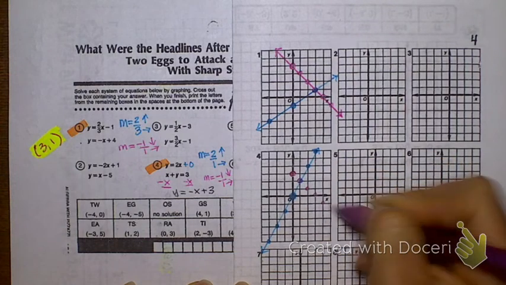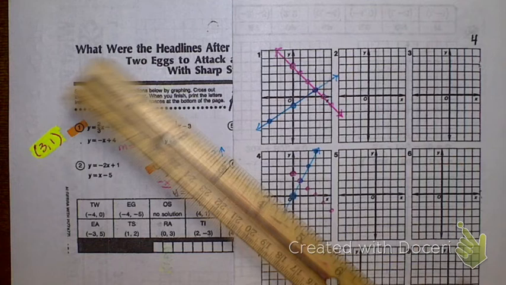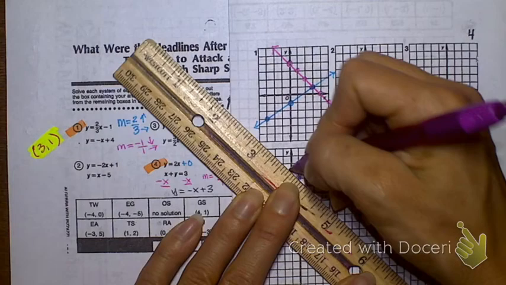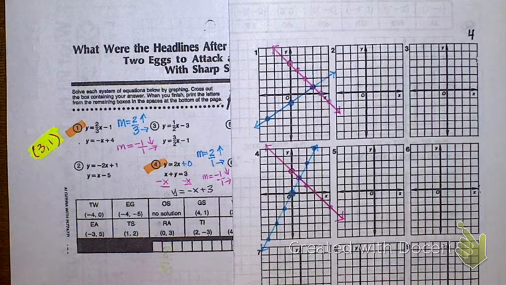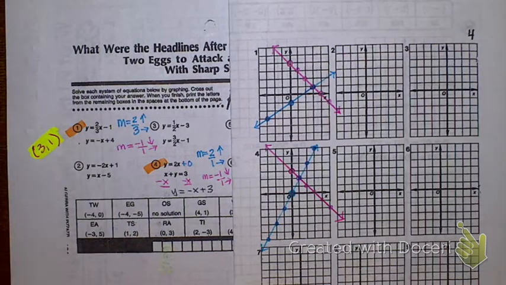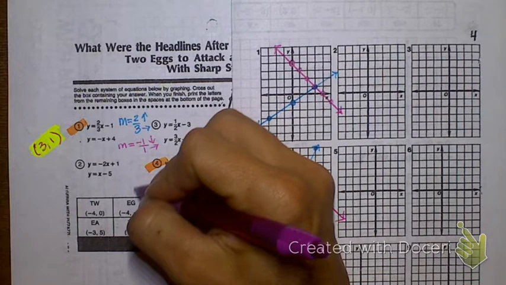Okay, can you guys see where it crosses? If it crosses, the ordered pair is the solution, so we need to make sure we write that solution. So what is the solution for this one? 1, 2. Okay, so your ordered pair, your final answer on that one is 1, 2.